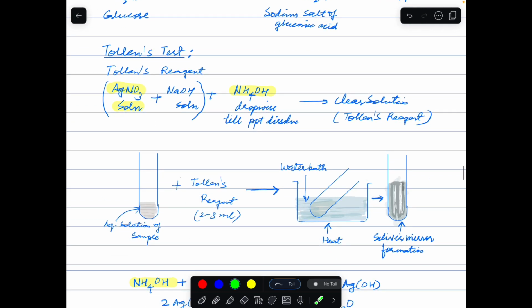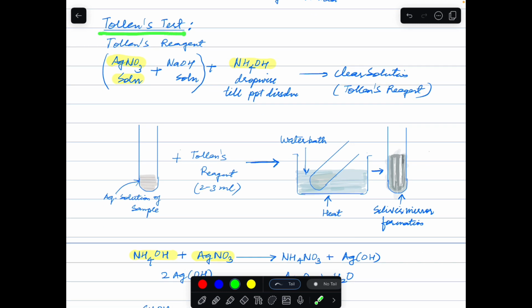Next is Tollen's reagent or Tollen's test. What is Tollen's reagent? Tollen's reagent is basically a solution of silver nitrate, AgNO3, with sodium hydroxide solution and ammonium hydroxide. So what we do, first we take silver nitrate solution and add sodium hydroxide solution to this, and after this you add ammonium hydroxide dropwise.